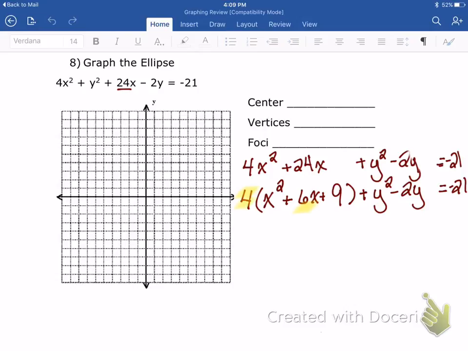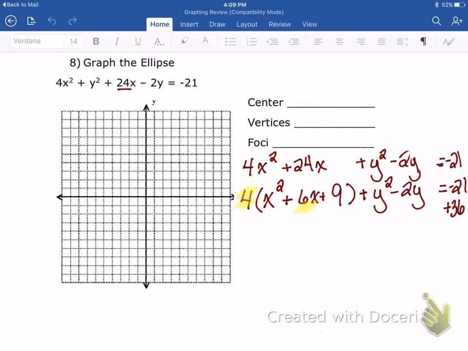We have to multiply that 9 by 4 because everything inside this parentheses is being multiplied by 4. So I'm actually adding 36 to both sides. That's because we factored out that 4. Be sure you let me know if you've got any questions about what just happened there, or if you're having trouble with that on your homework.